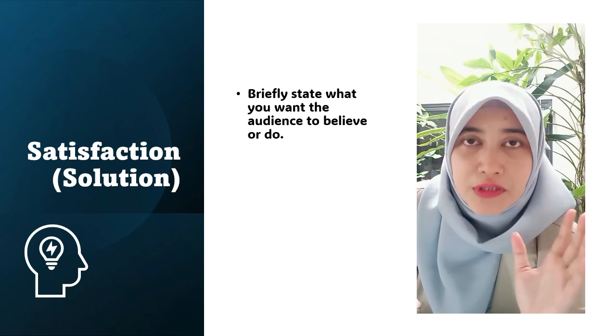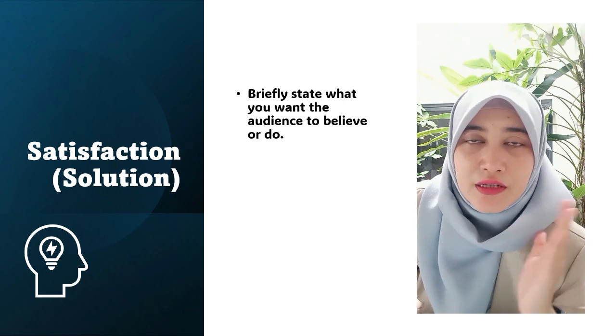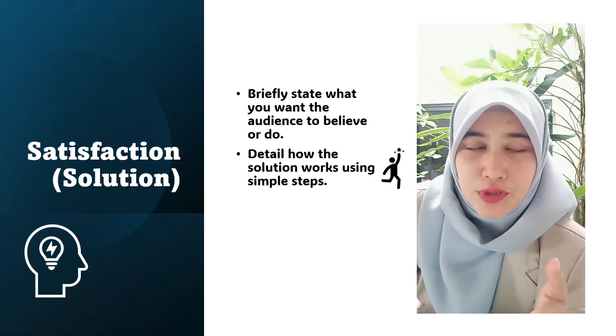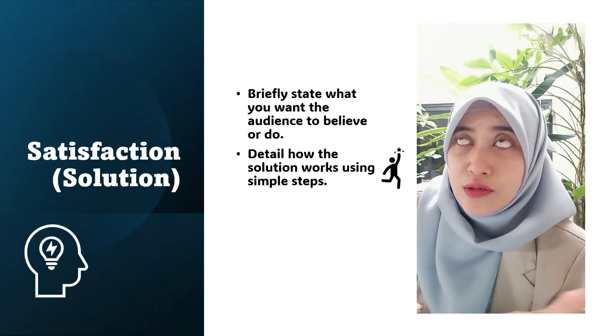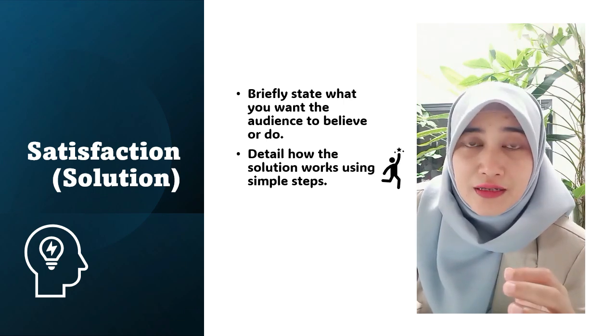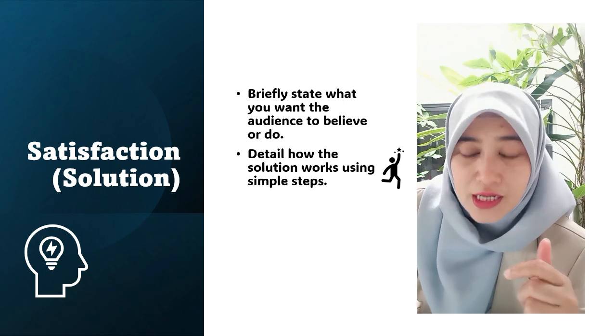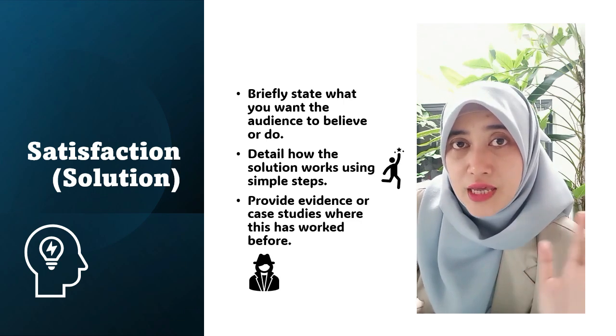You also need to explain the details of how the solution works. Say it step by step, but make sure that you say it in a simple manner. And also provide the evidence if you can.